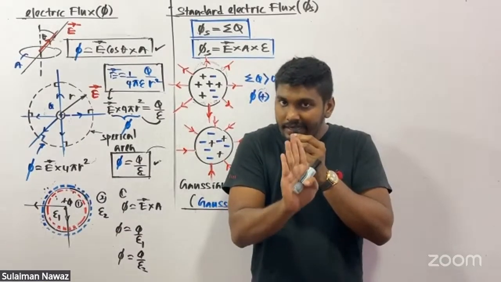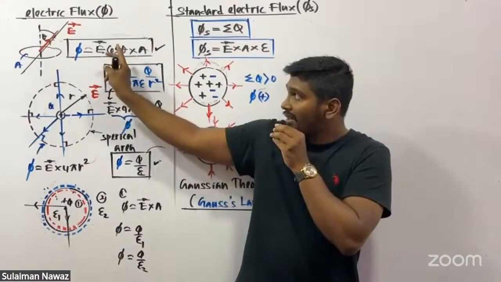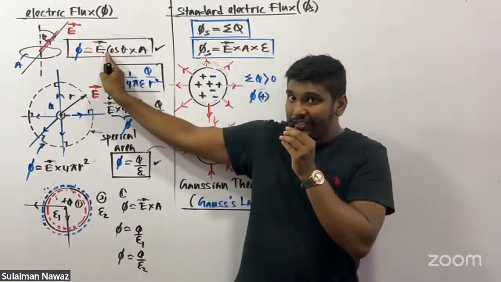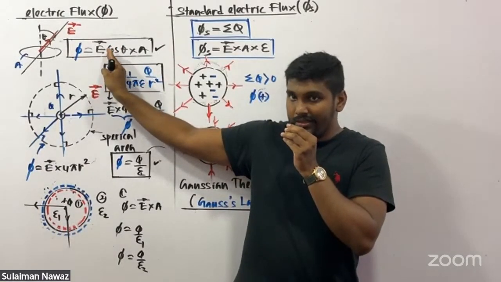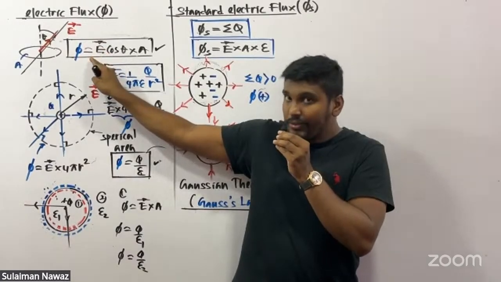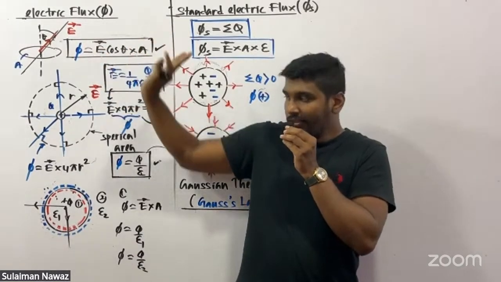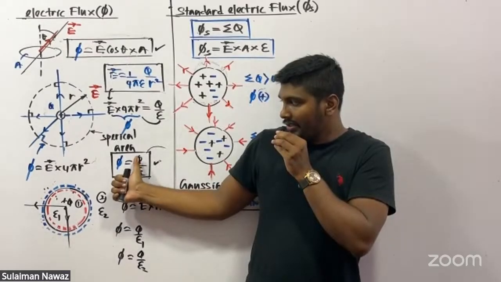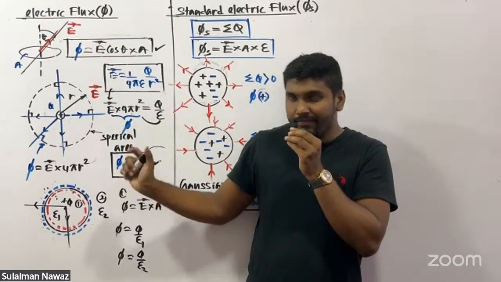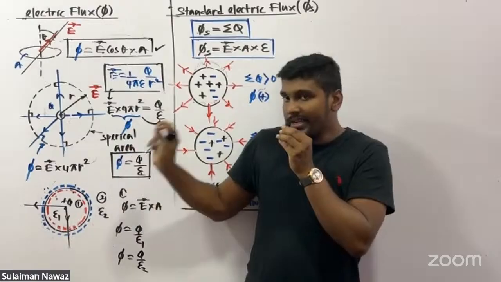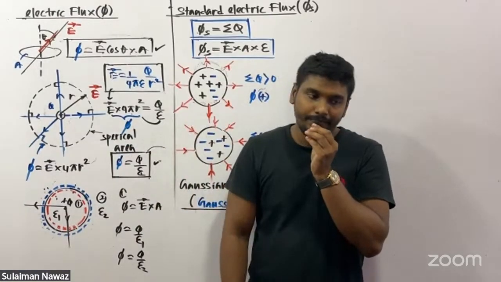Remember, effective electric flux means the intensity perpendicular to the area, into the area. If not, the charge over the permittivity. These two represent effective electric flux.